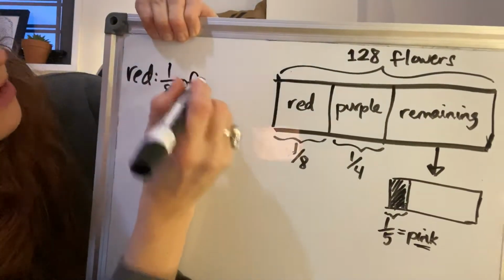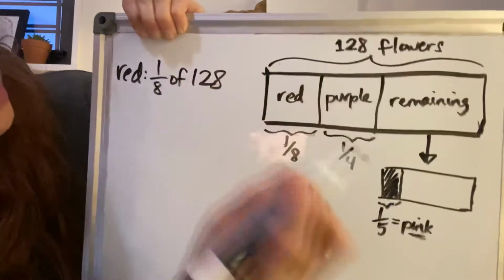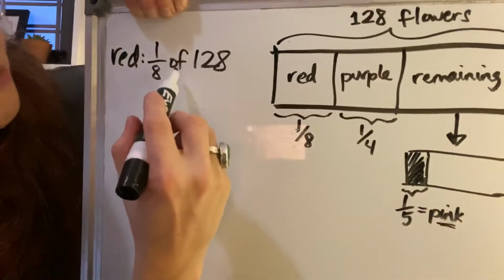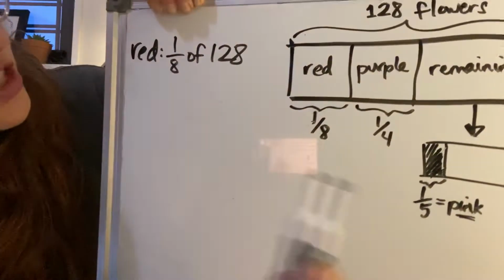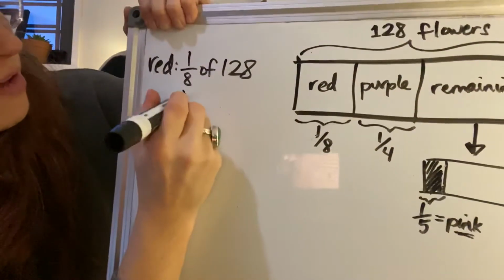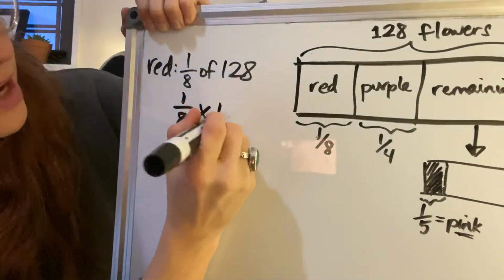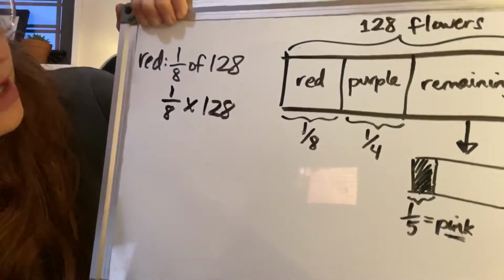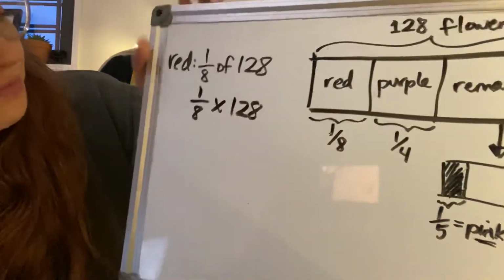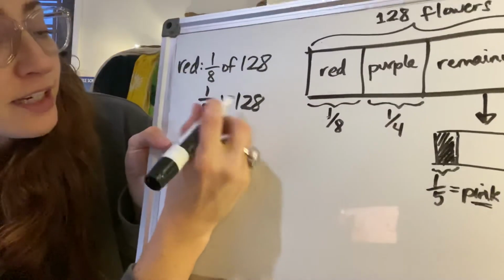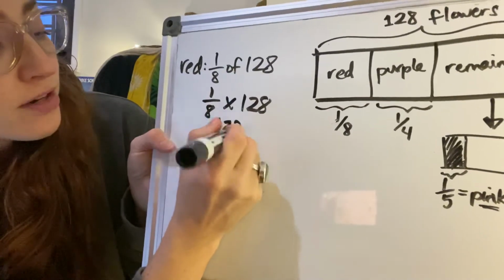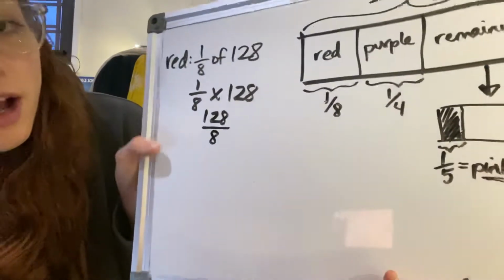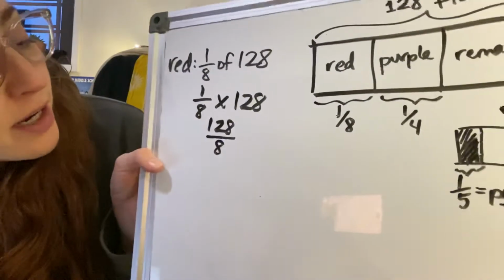1/8 of 128. Again, what does of mean? Multiplication, yes. So let's change that to multiplication and let's solve. 1/8 times 128. Again, that's going to give us 1 times 128, 128, over 8. 128 divided by 8.